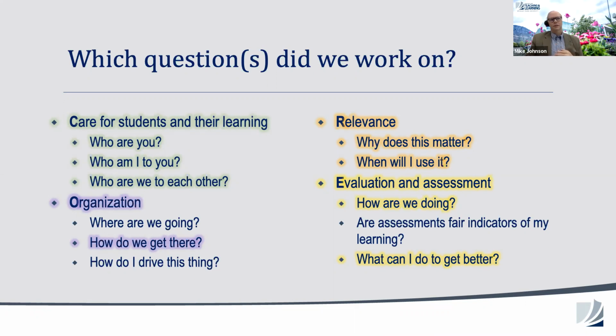We need to care for the students. We need a course organization. That means a good design to our course that has real meaningful goals, that we assess in a way that's aligned with those goals, and we teach in ways that are aligned with that goal.